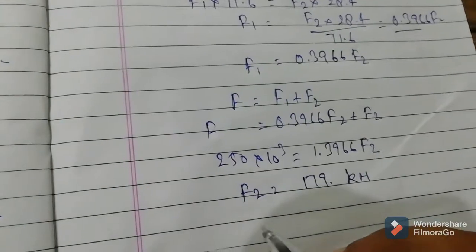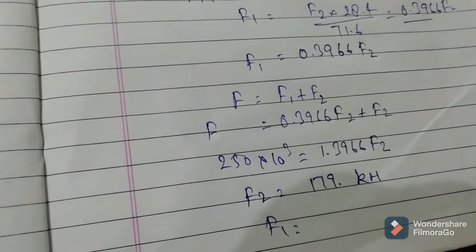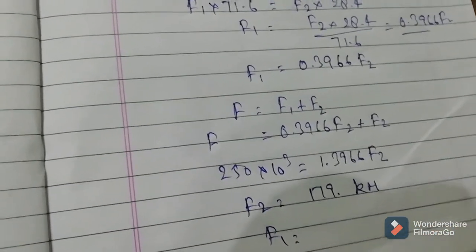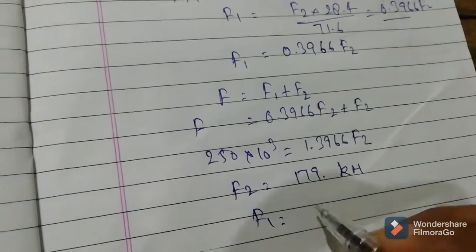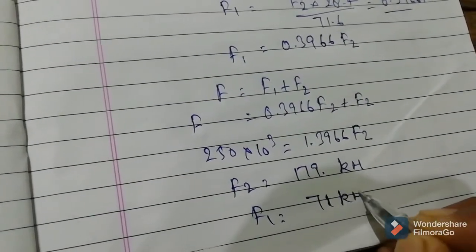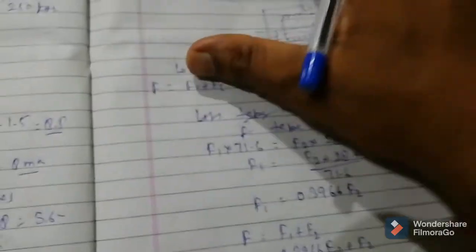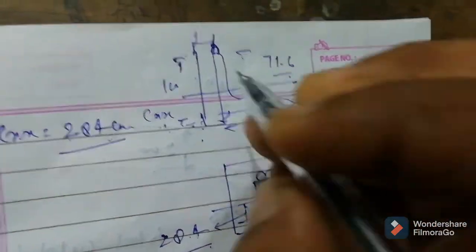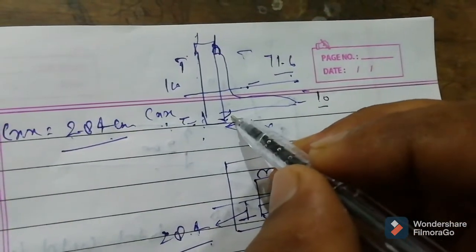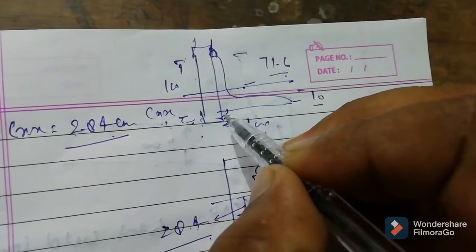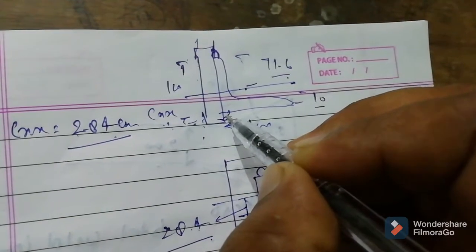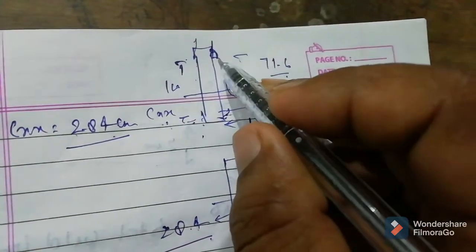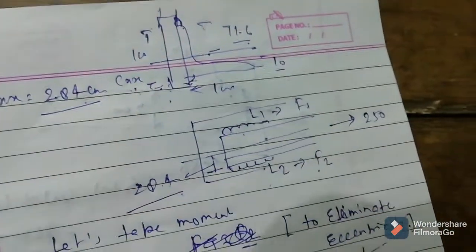And now F1 equal to 250 minus 179, that is 71 kilonewton. For the same total load of 250, the load on F2 is 179 and the load on F1 is 71.